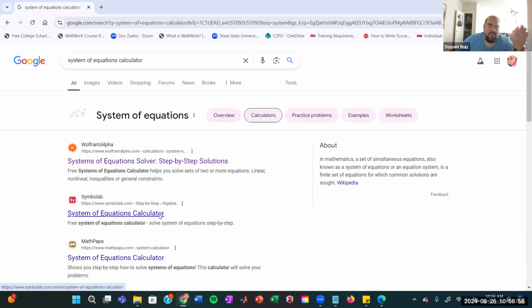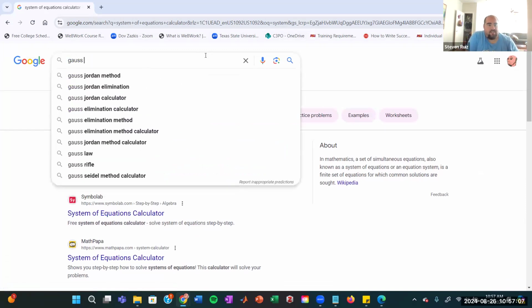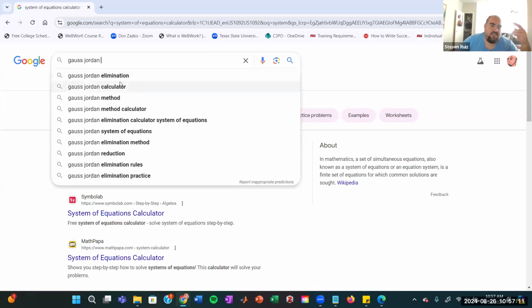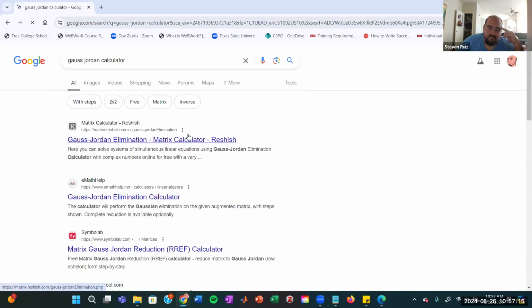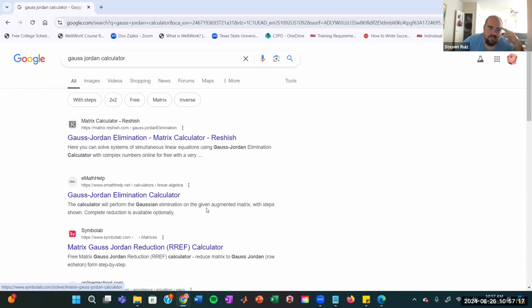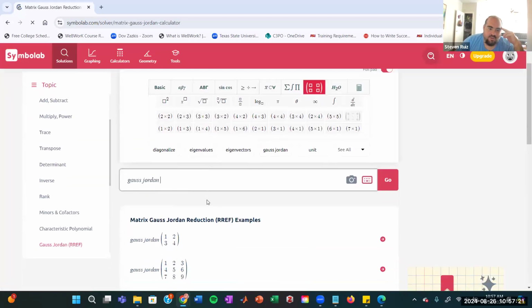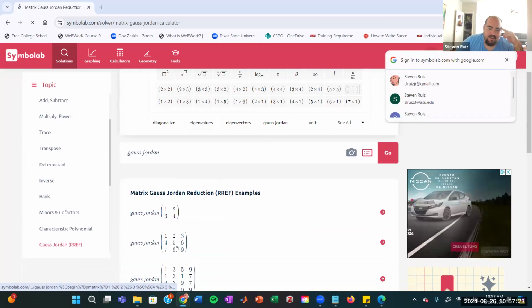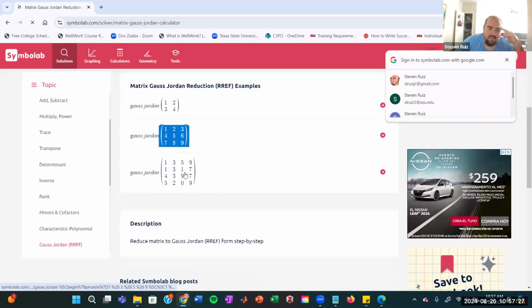Another thing we asked about is Gauss-Jordan calculator. So Gauss-Jordan is the method for reducing these matrices. So let's actually do that one. Gauss-Jordan. I'm going to take one of their templates. I'd rather just fill in a table.